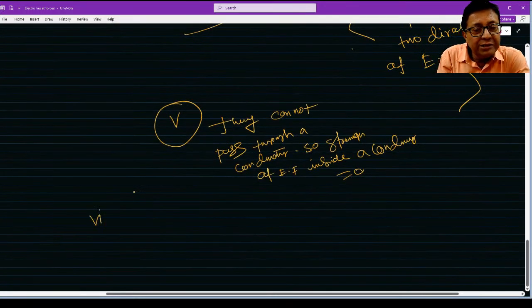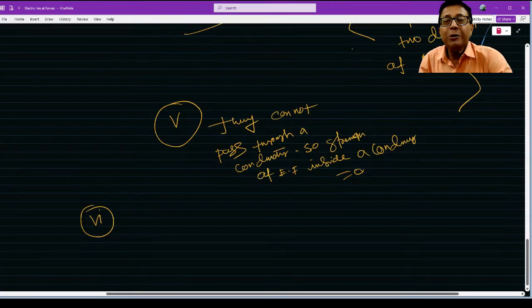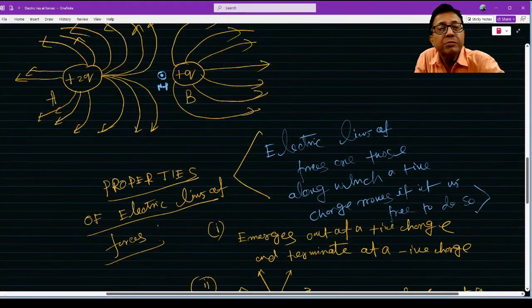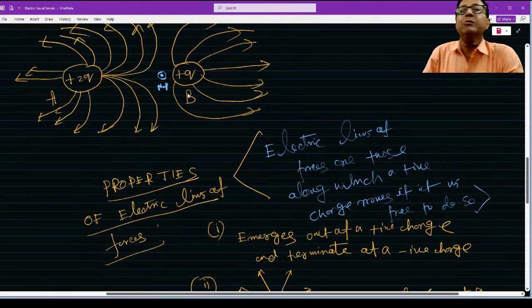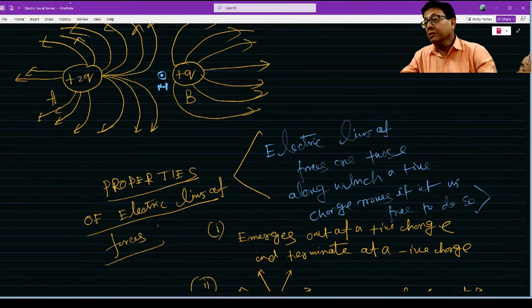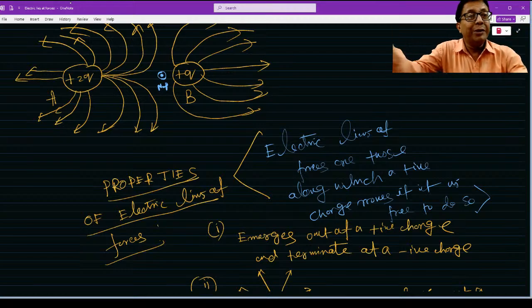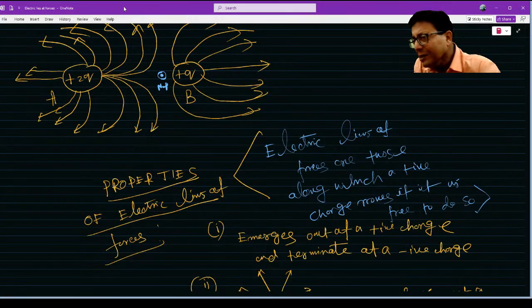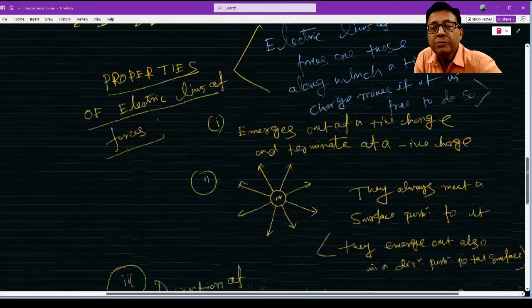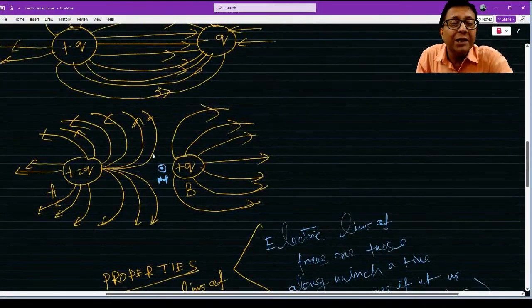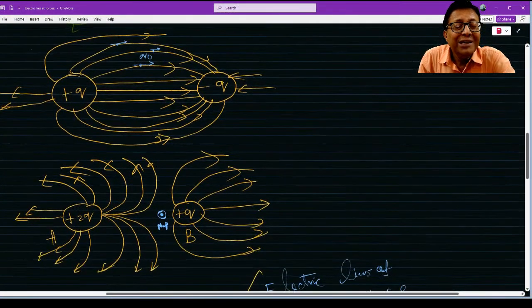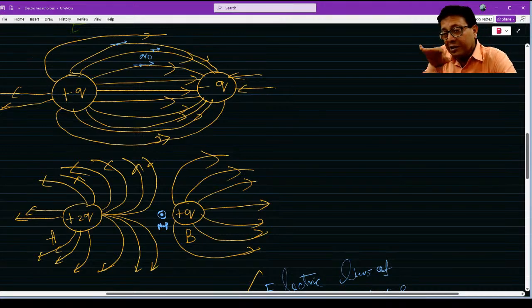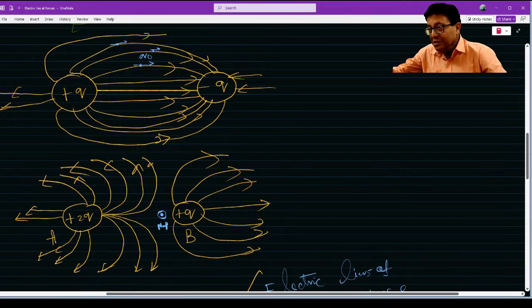Then number 6. For two positive charges, what have you seen? Lines of forces are moving away from each other. Why? Because they repel. Because they cannot intersect. This is the main reason. So don't you think that here it seems that lines of forces are exerting lateral pressure on each other? That's why they are getting separated from each other.